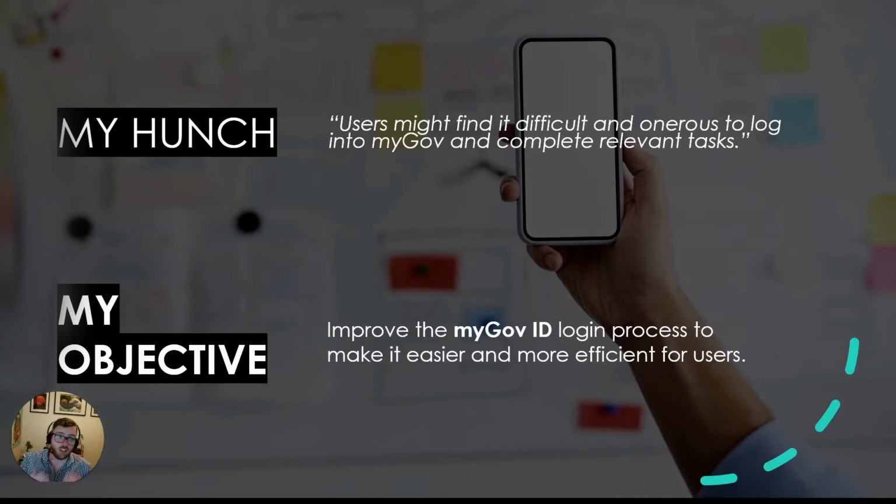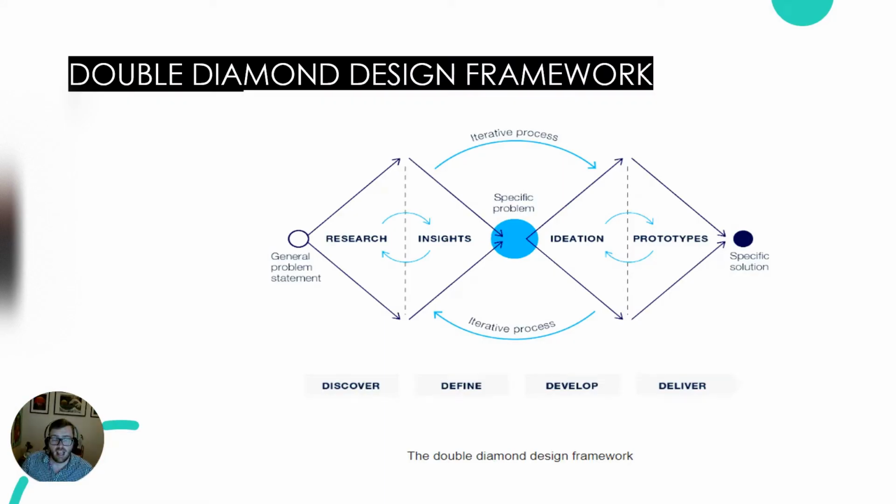My original hunch is users might find it difficult and onerous to log into MyGov and complete relevant tasks. And my objective was to improve the MyGov ID login process to make it easier and more efficient for users. To do this, I looked at the double diamond design framework.